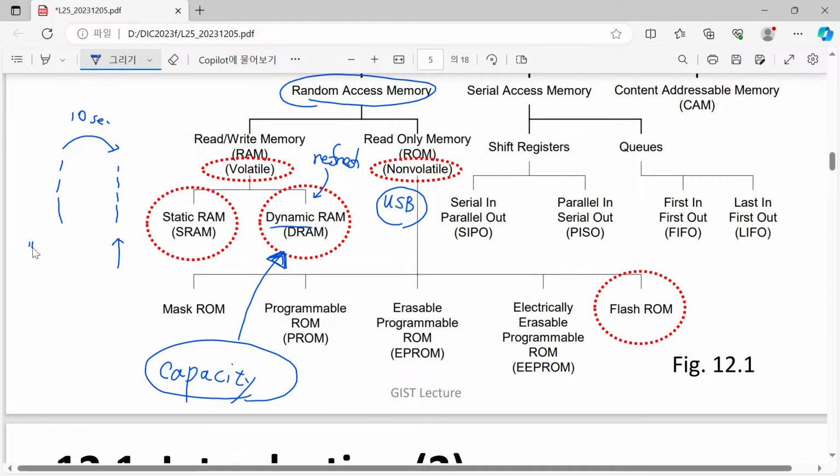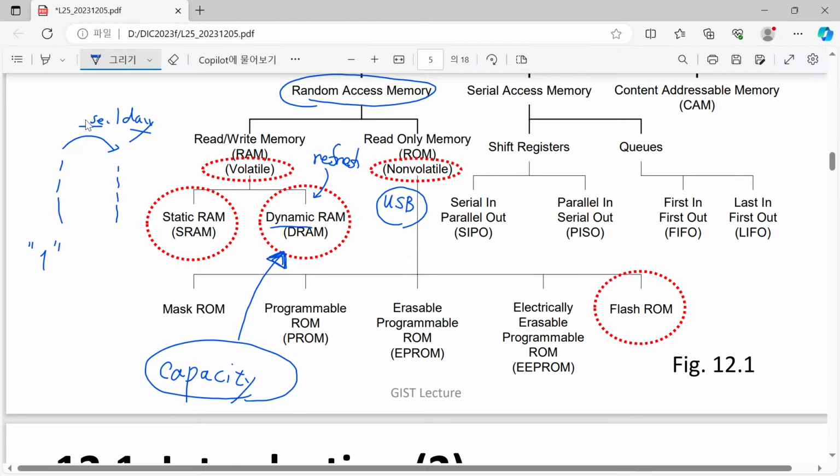So although you load a 1, after for example 1 day, if you check whether it is 1 or 0, it will be 0. If you stay too long, that information will simply diminish.